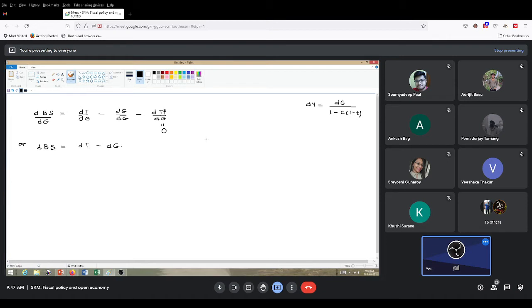and what is dT? This is equal to t into dy. So dG is equal to t into... right.